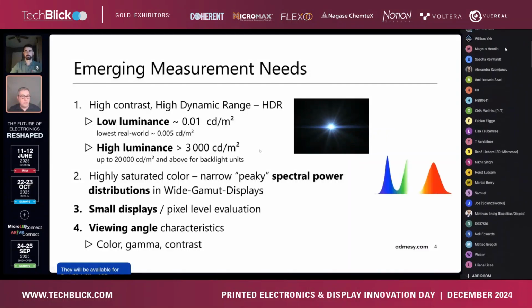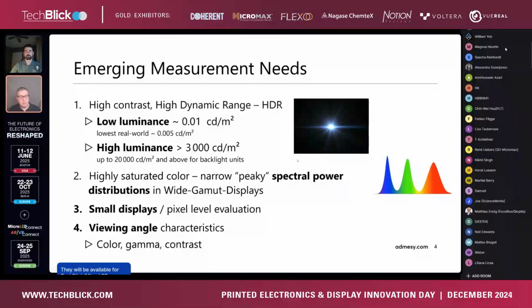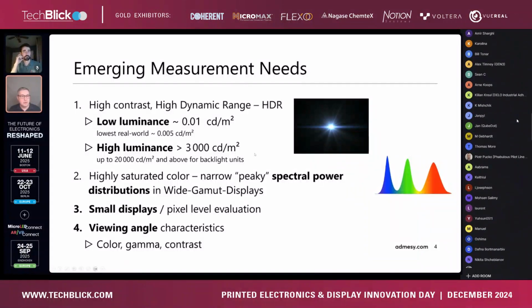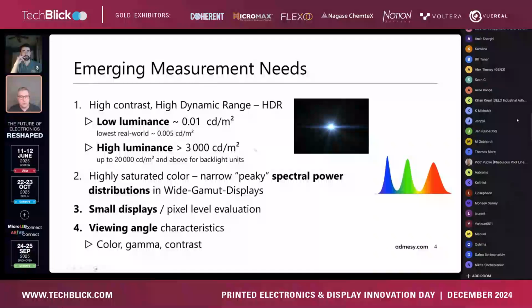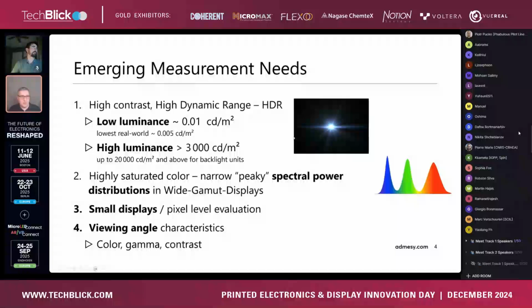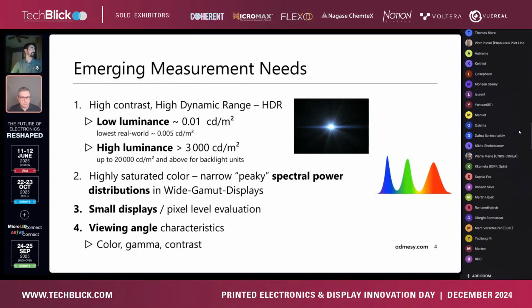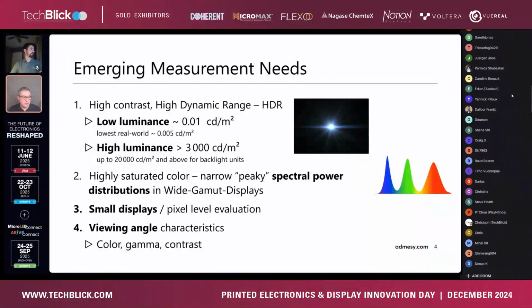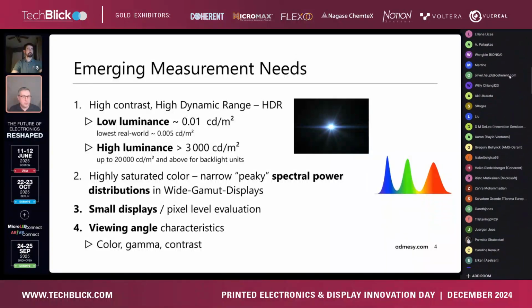You also are looking more and more into wider gamut displays like Rec 2020 from the TV industry, extending on the usual sRGB gamut, where you realize very saturated colors by creating very small band spectra. Those can pose challenges for the measurement as well. And like we just heard, microdisplays are especially suited for AR applications.